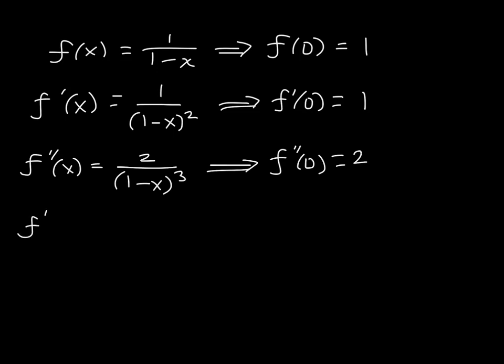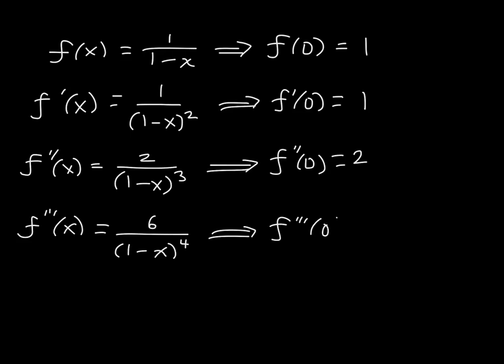F triple prime will be equal to 6 over 1 minus x to the 4th power. I hope you're seeing a pattern here. So then f triple prime at 0 is equal to 6.